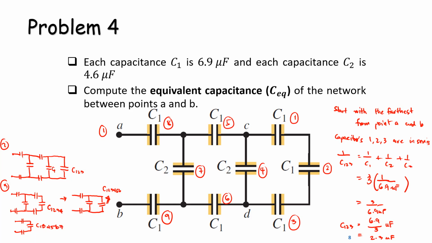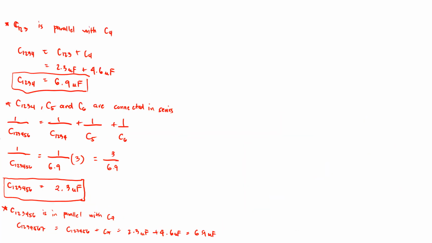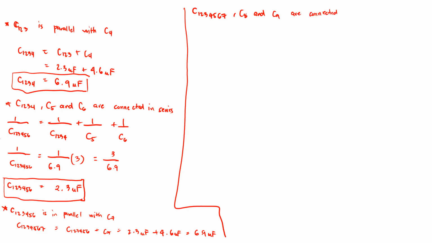C123456. Now, they are connected in series. These three capacitors, C123456 7, C8, and C9, are connected in series.